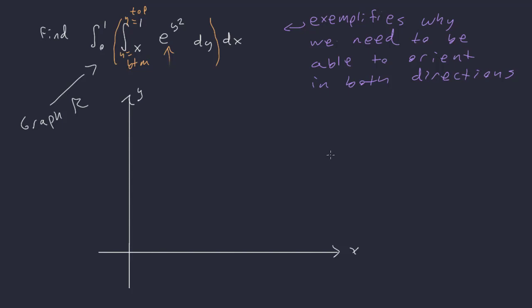Okay, so when we go to figure out what the graph of R looks like, we do this in the same way. We have the bottom, the top, and we're going to work on it from here. y equals x is just this line here, right? So here's y equals x. And then y equals 1, that's the horizontal line, say here.